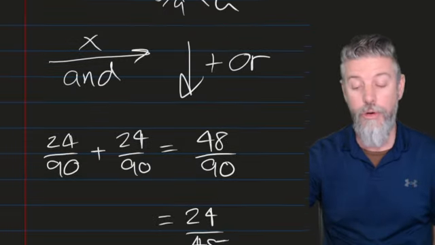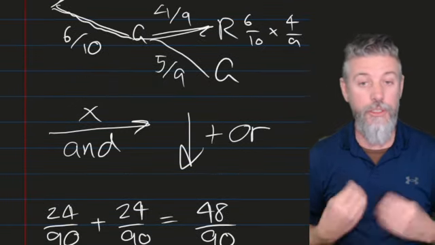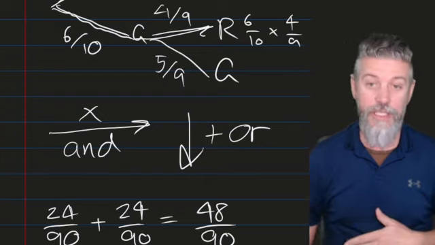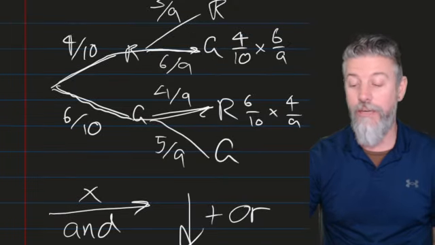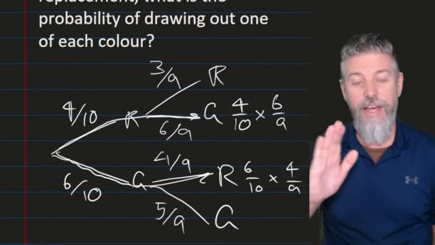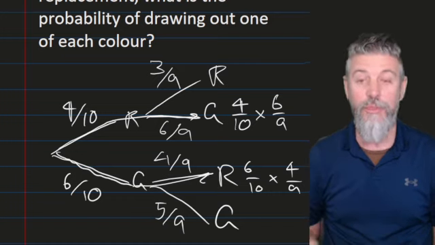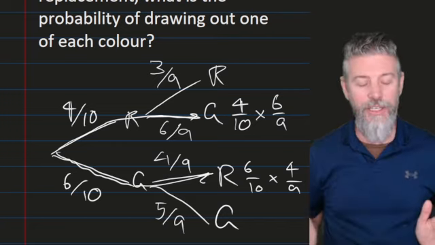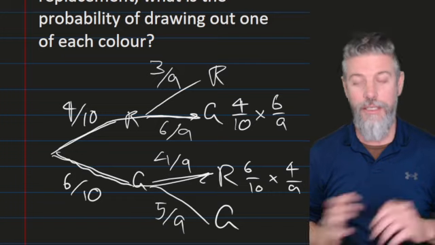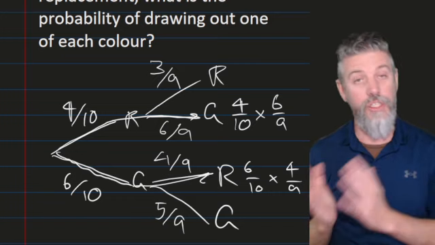So again, just to summarize, when going along the branches, we times, we're saying "and". When we go down the branches, we're adding and we say "or". When we draw our tree diagram, do not draw every branch. That is far too time consuming. Don't draw an organized list. An organized list is the very, very last thing you draw if you are completely stuck and you have no other option. It's time consuming.